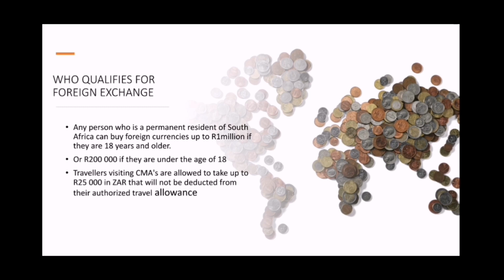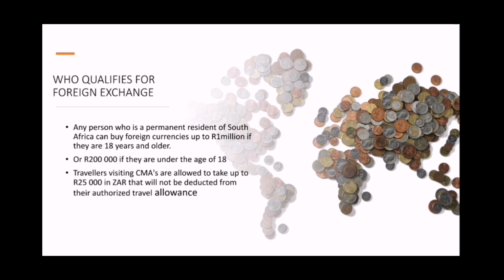And then depending on the number of trips you take, your maximum annually will be 1 million rand. For people under the age of 18 years old, their discretionary annual allowance is 200,000 rand.